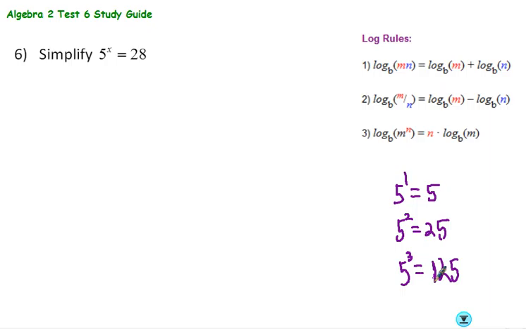So what you'll notice is that the powers of 5 don't stop off at 28. It jumps from 25 to 125. Now I would suspect that x is somewhere between 2 and 3, probably a lot closer to 2, because 28 is pretty close to 25.